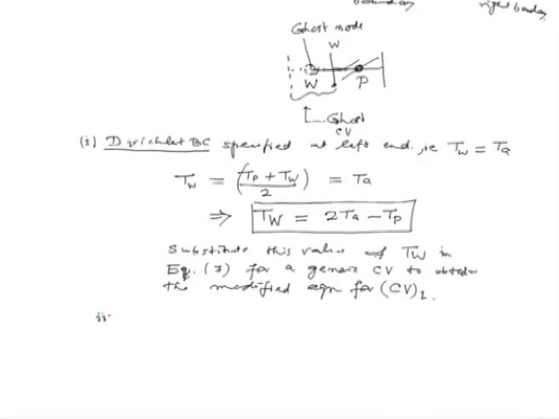If flux were specified, flux BC, then of course, we do not have to do anything, we just go back to the beginning and Q at the face W, that is already known, substitute that value in the application of the governing equations for this particular control volume, and we will get the modified equation for the boundary control volume. So, the flux BC is straightforward.